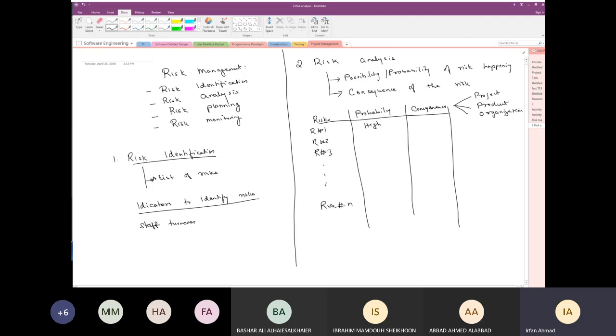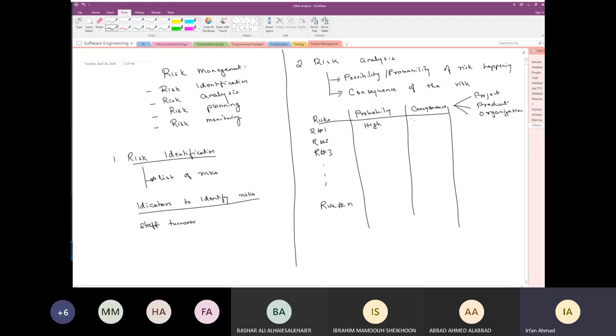The consequences again could be on some scale. You can say that these are minimal consequences, these have serious consequences, these are catastrophic, very high consequences. So again, it could be a scale of high, medium, low, or serious, not serious, or mild, or moderate. So you can have different scales, right? So this is something we also have to keep in mind. And again, it could be a scale of 1, 2, 3, or different numbers. So you can think about it.